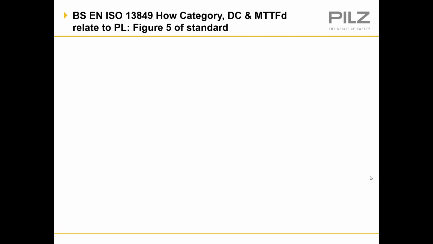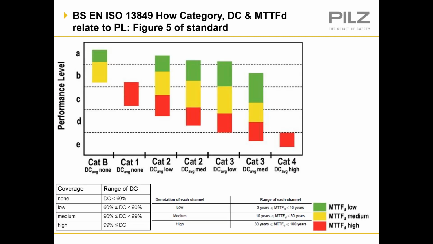So how do category, diagnostic coverage, and mean time to dangerous failure relate to performance level? Figure 5, which we have here in 13849, has the y-axis, which is the performance level, A to E, and the x-axis, which is the category level and the diagnostic coverage.